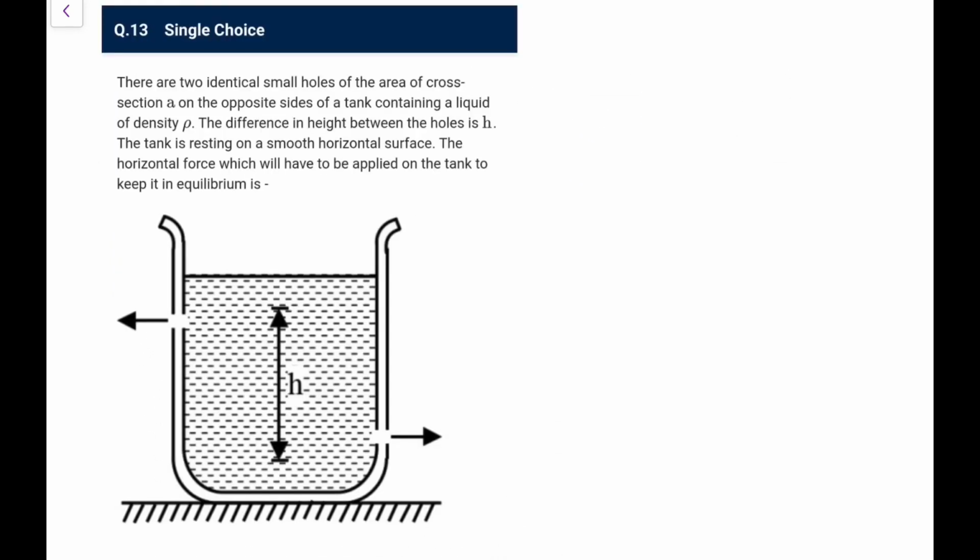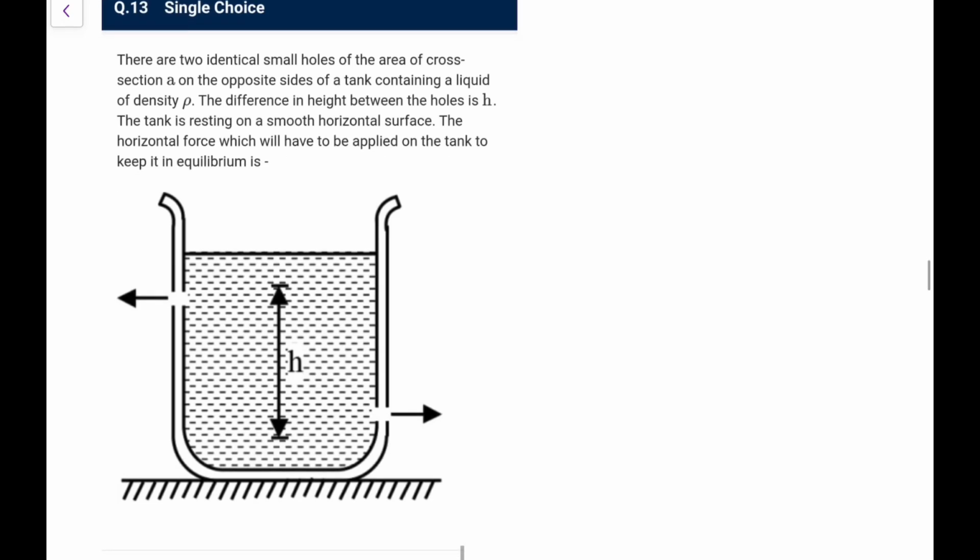Next, there are two identical small holes of area of cross section A on opposite sides of a tank containing a liquid of density rho. Difference of height is h. The tank is resting on a surface. Force required to keep it in equilibrium? Now what we have, the liquid goes with speed v1 here, v2 here. The force that acts we directly know as rho A v squared.